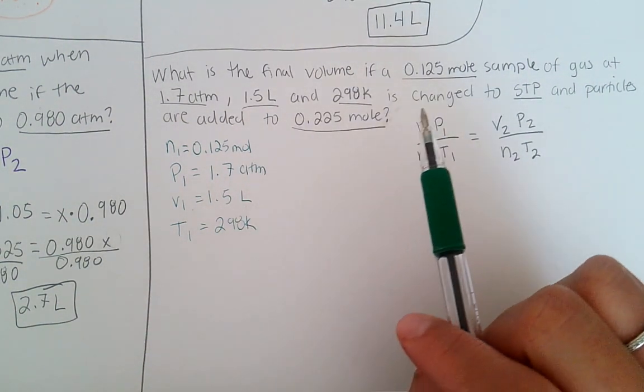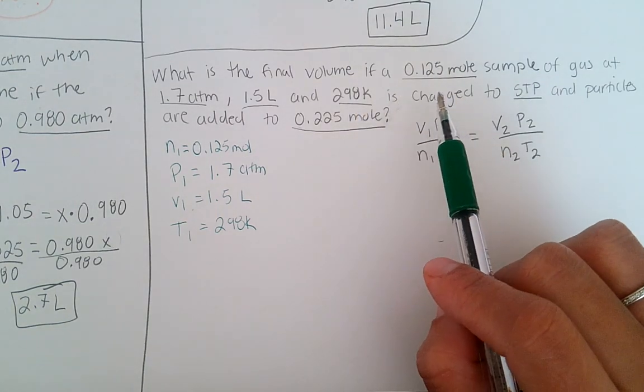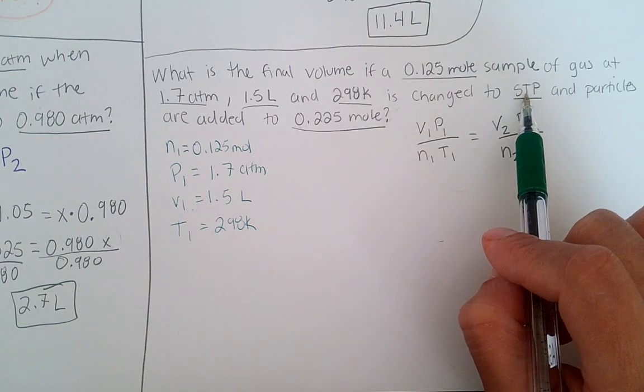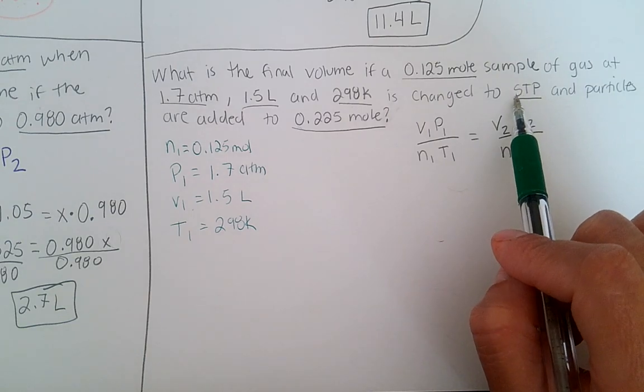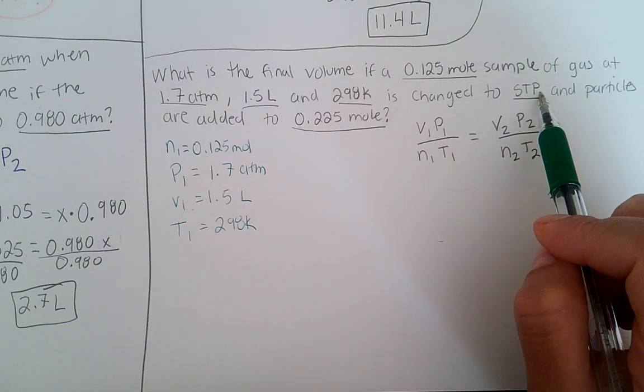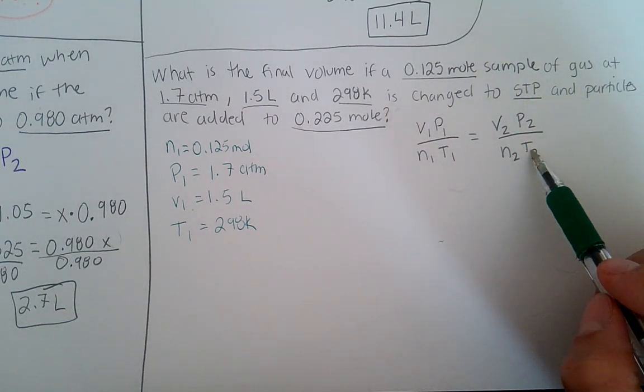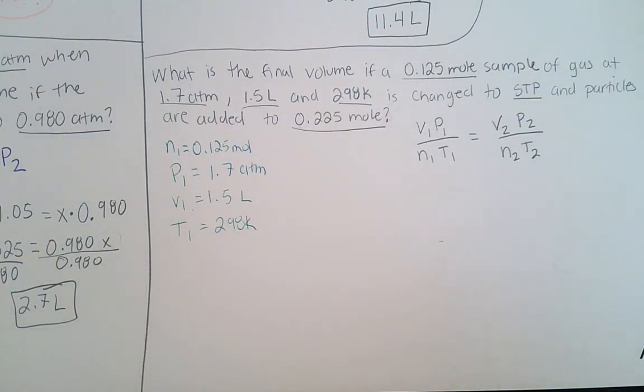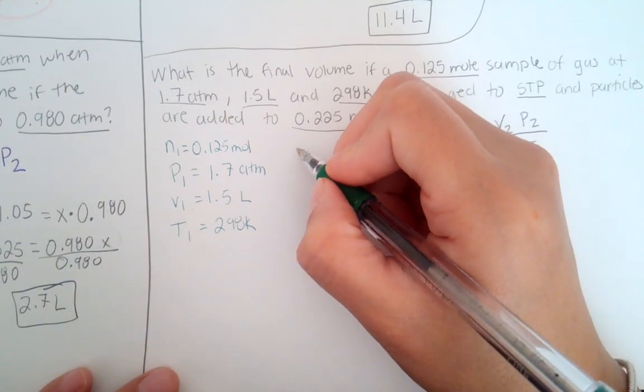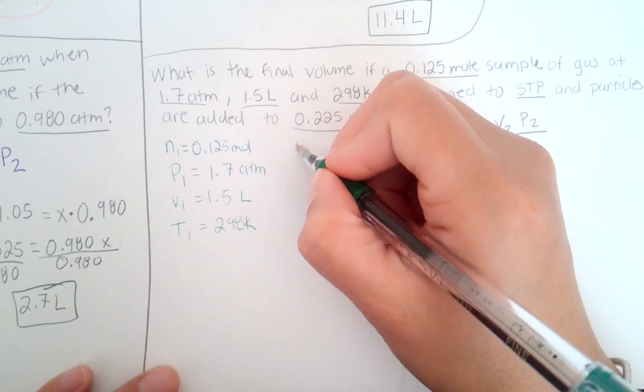Now let's keep going. And now we see it's changed to STP. STP stands for standard temperature and pressure. So our standard temperature, if you remember, look back, and also you're going to have this in your cheat sheet, is going to be our T2.